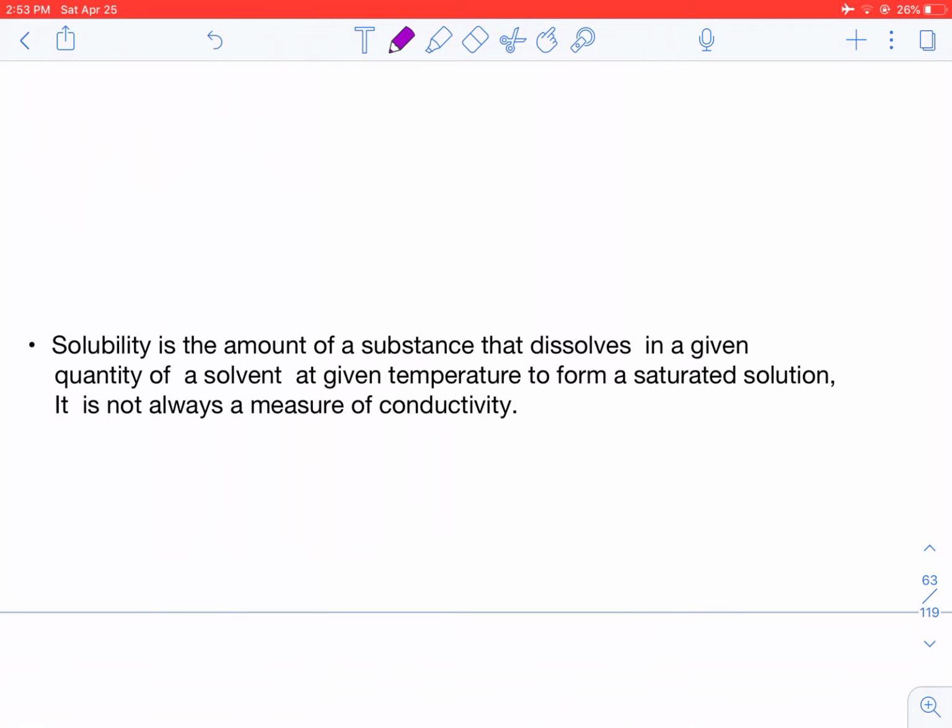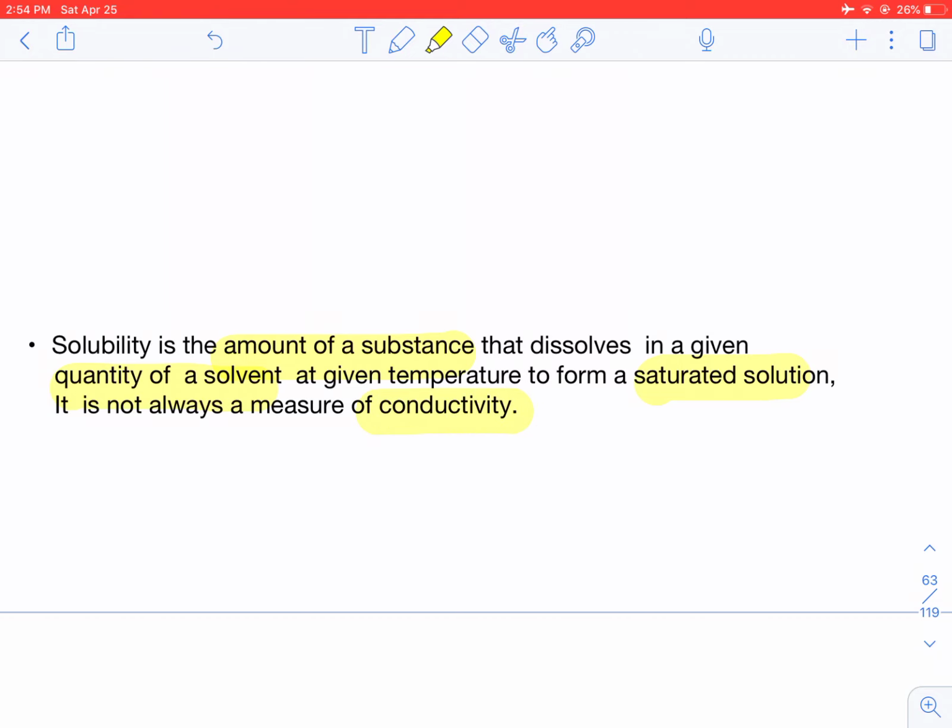Now solubility also is the amount of substance that dissolves in a given quantity of solvent to form a saturated solution. That's what solubility is. But solubility is not always a measure of conductivity.